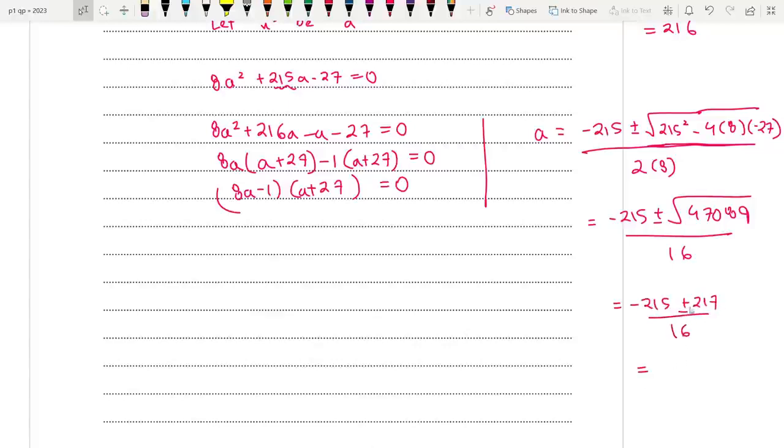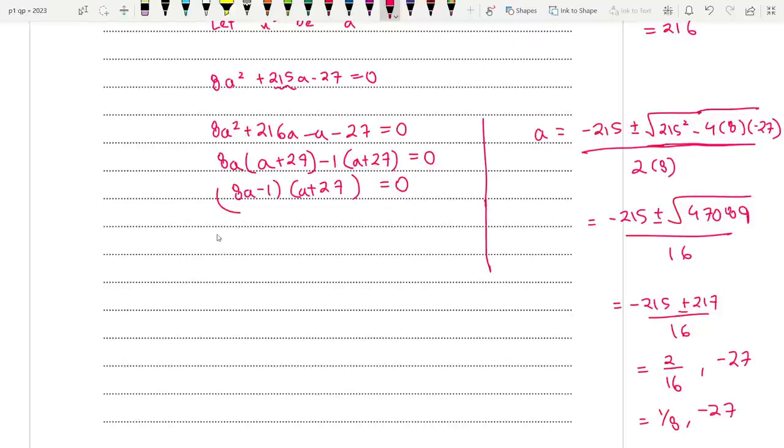So one of them is 2 by 16, while the other is minus 215 minus 217 by 16, minus 27. Similarly, that is another root.